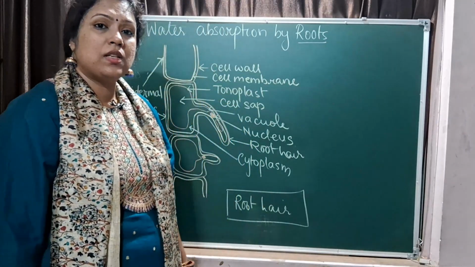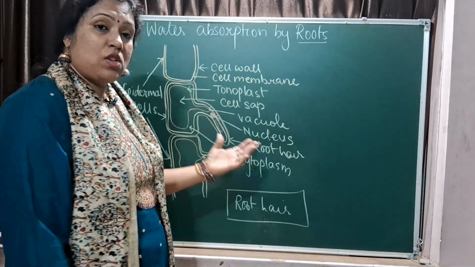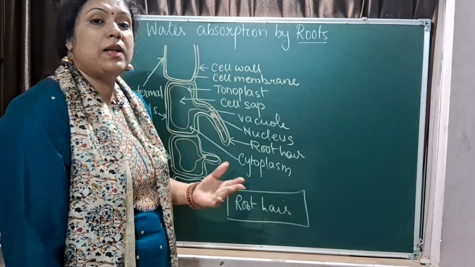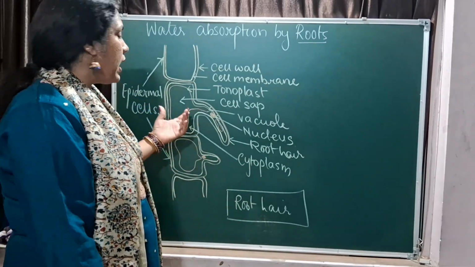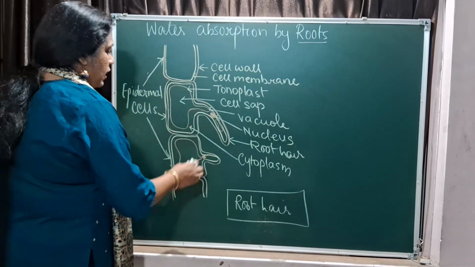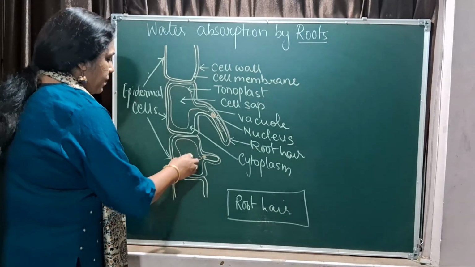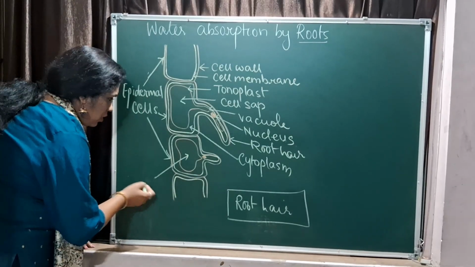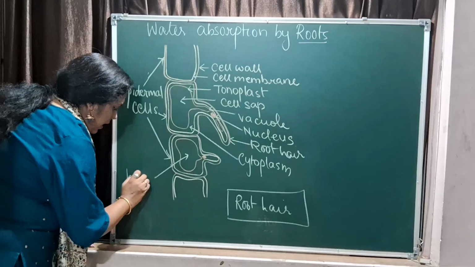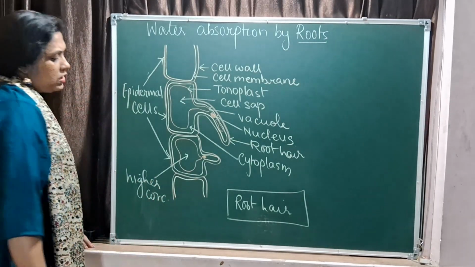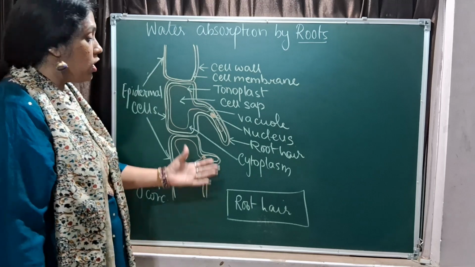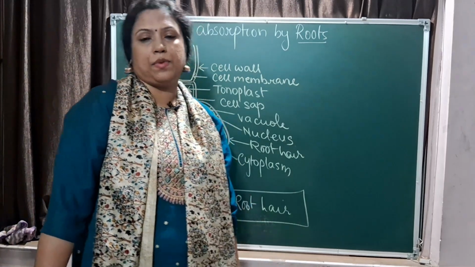Okay. The question can be, what is the concentration of cell sap which helps the root hair to absorb water? That is high concentration. Always remember, the cell sap of the root hair cells or the epidermal cells has higher concentration. This higher concentration helps in the absorption or the osmosis to happen.